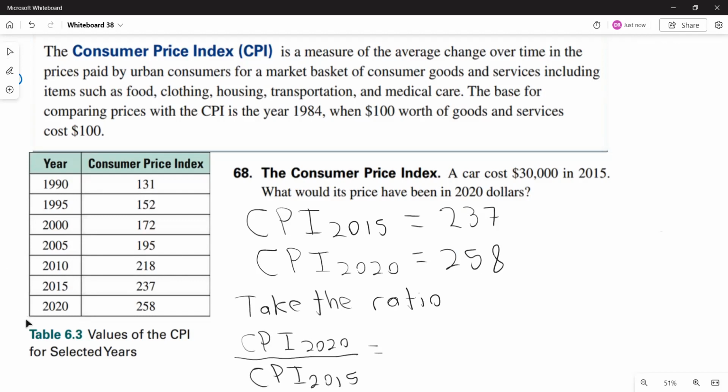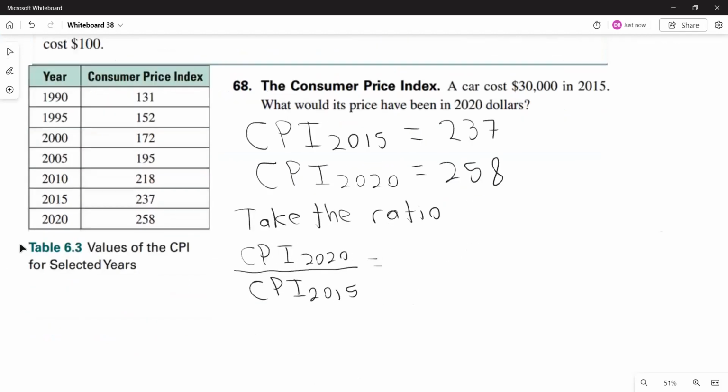This is 258 over 237. That's approximately 1.09.